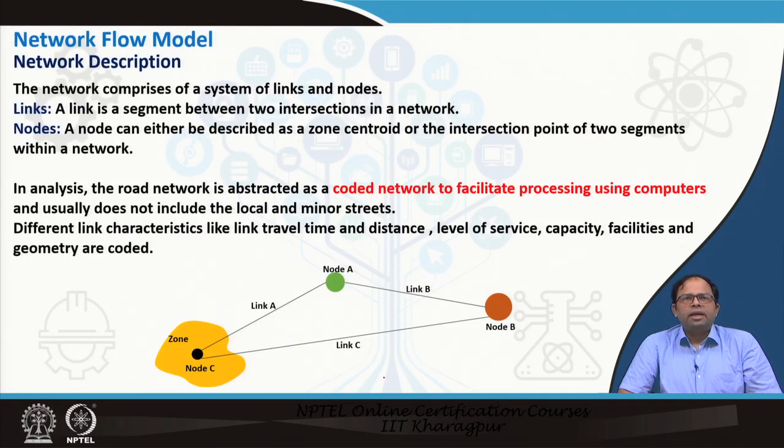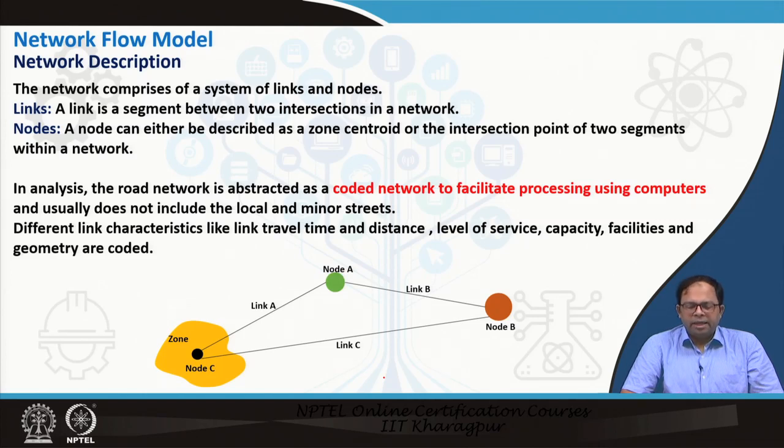So now, coming to the network flow model, we need to describe the network in a certain way. We have already talked about links and nodes. A link is a segment between two intersections in a network. A node can be described as either a zone centroid or the intersection point of two segments within a network.